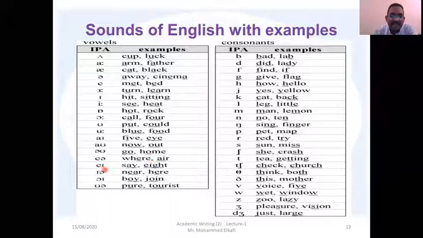A, as in day or say. Remove s to find A, as in eight. Ear, as in near, or even here.